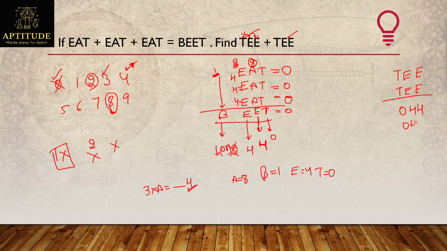So they are adding 44 2 times, giving answer as 88. So simply T plus T is nothing but 88.